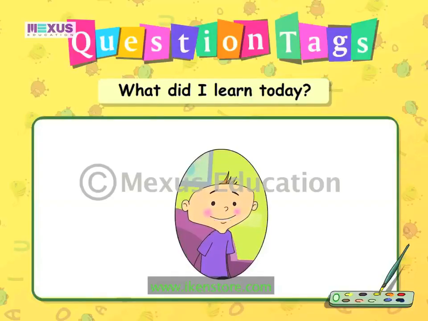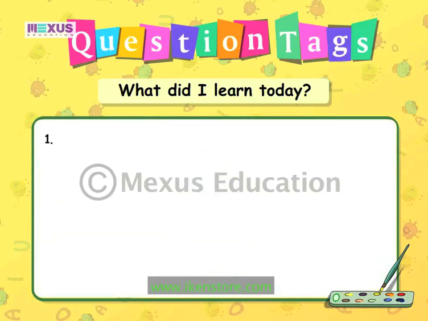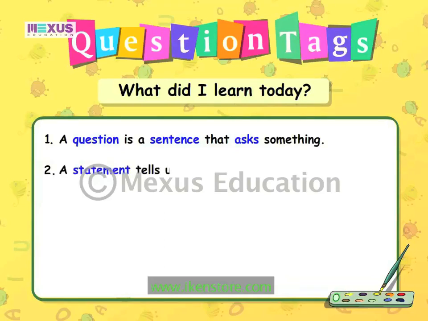We have to hurry up and go to the library, so let's quickly take a look at all the points we have learned in the lesson on question tags. A question is a sentence that asks something. A statement tells us something. It can be used to answer a question.